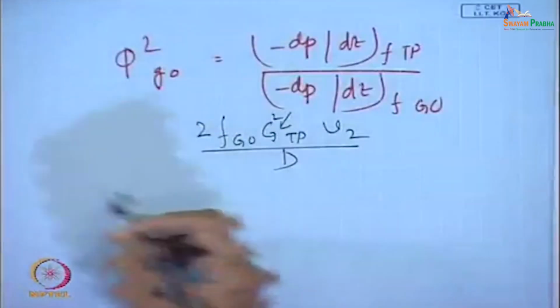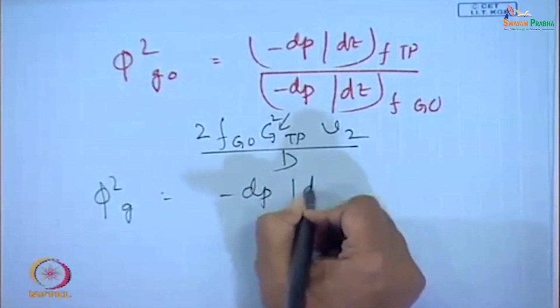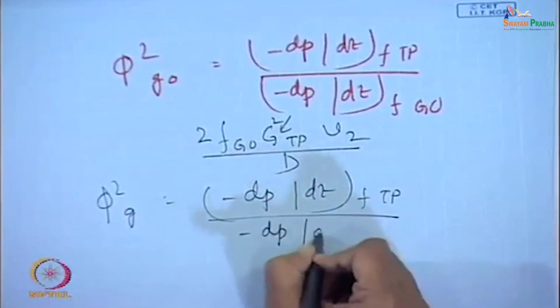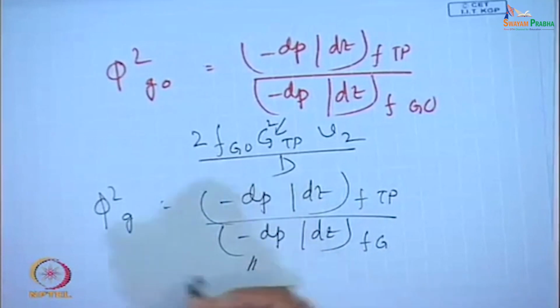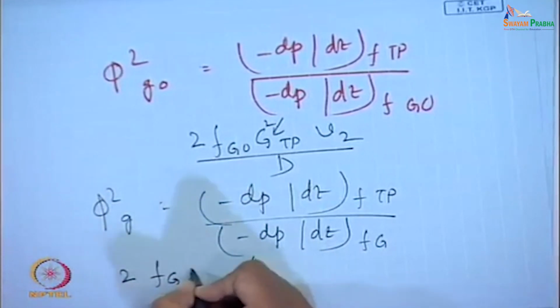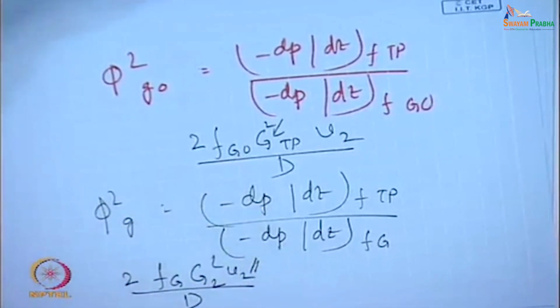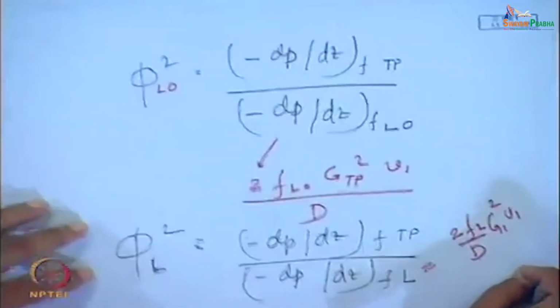But for other normal circumstances, we use phi L square and phi G square, where phi G square, again if we define it, will be in terms of the gas phase in the two phase mixture that is flowing alone in the pipe, G2 square v2 by D. If you understand the liquid phase things, the same way the gas phase things can be understood.